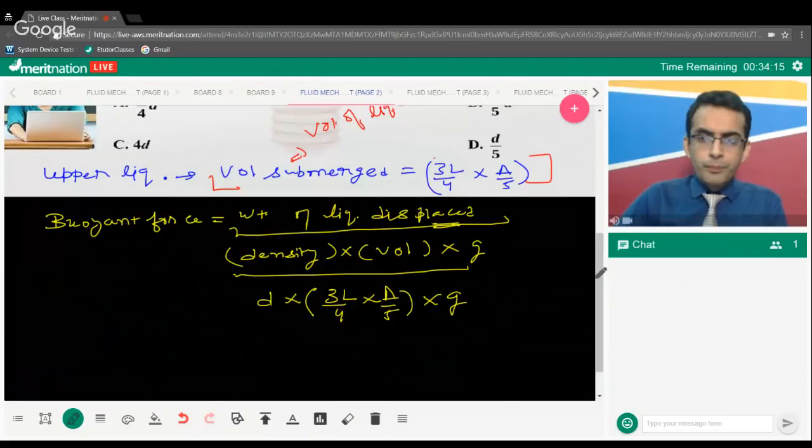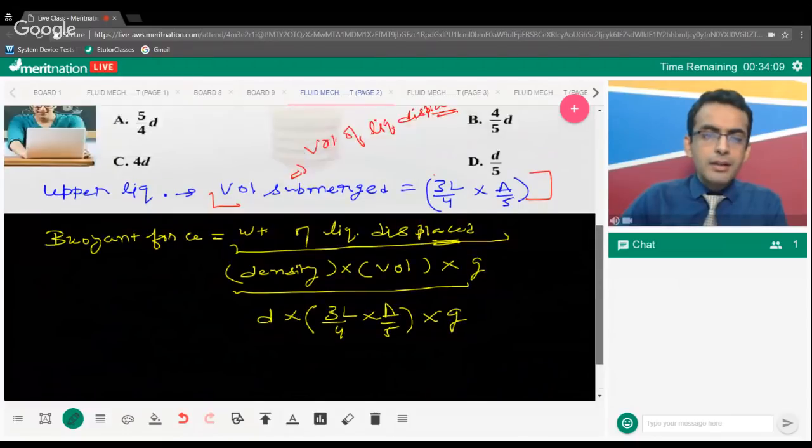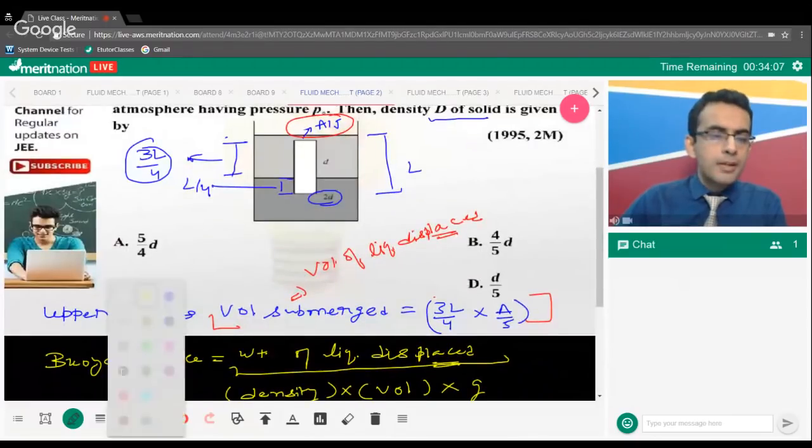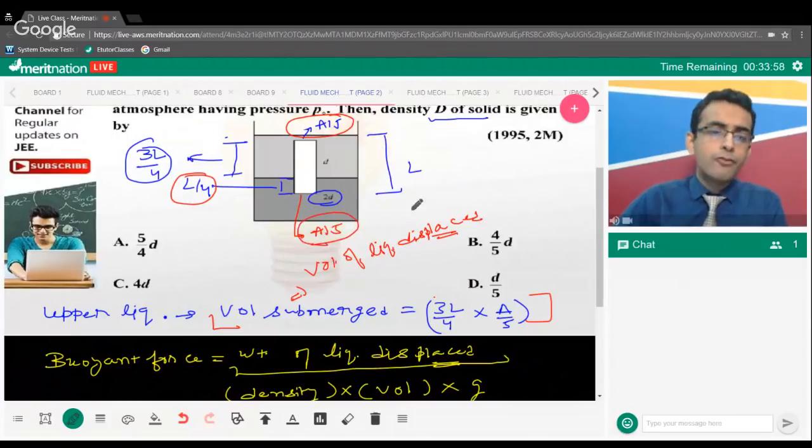Similarly, buoyant force by the lower liquid. So you can understand how much volume is displaced by the lower part. See, L by 4 is the length, and again A by 5 is the area of cross section, and volume is length into area of cross section.